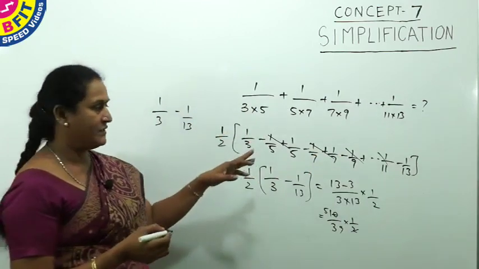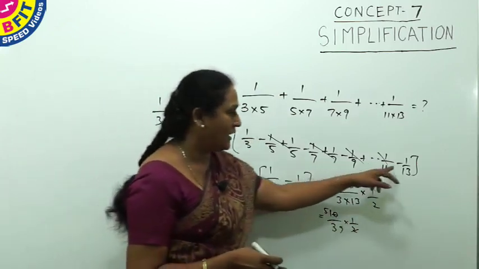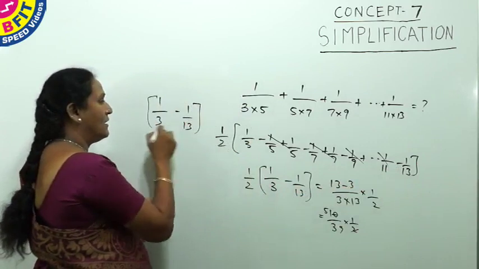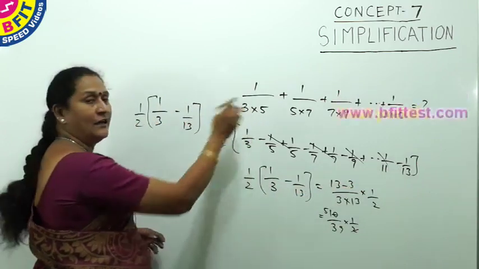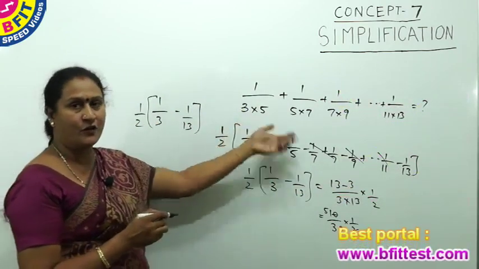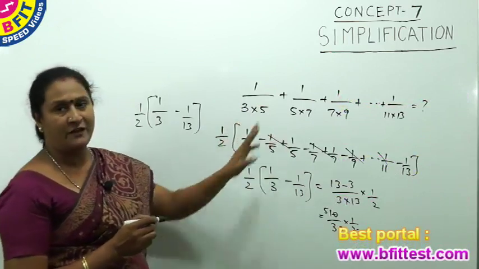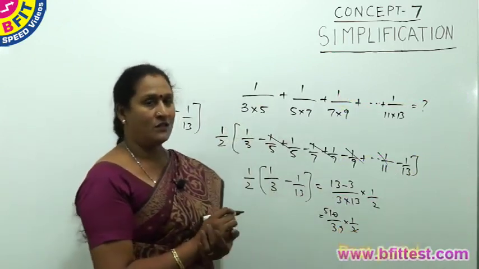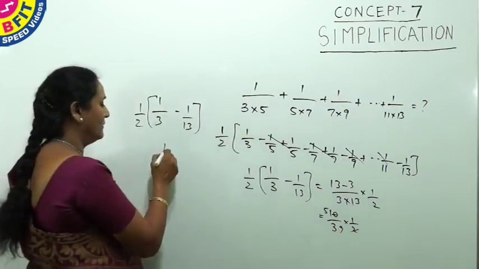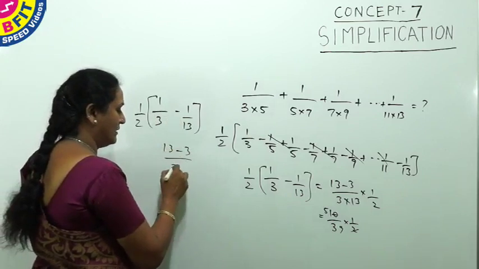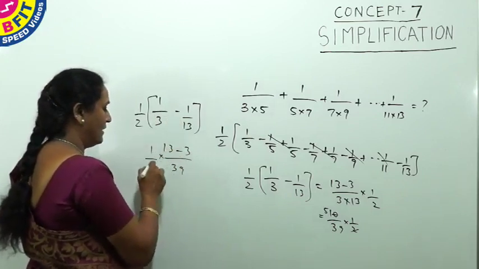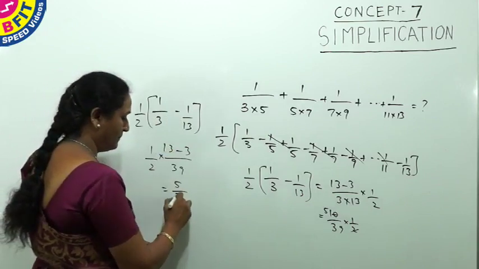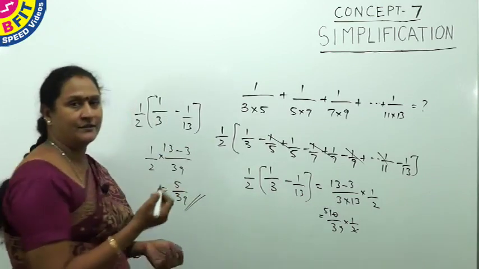Though it is addition, when we split the fraction it will be a minus symbol, subtract, and divide by the difference. The difference is 2 for each term: 3 into 5, 5 into 7, the difference is 2. So we get the answer, and there is no need to do all these workings. Here 13 minus 3 by 39, divide it by 2, so 10 by 2, and the answer is 5 by 39.